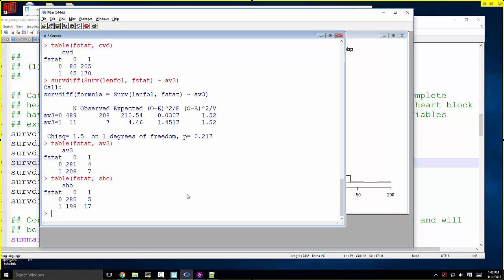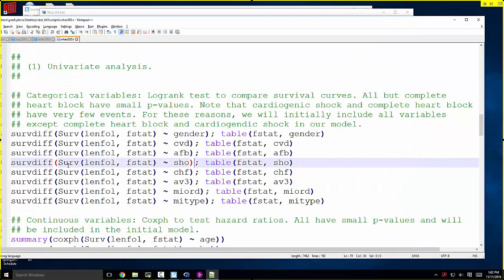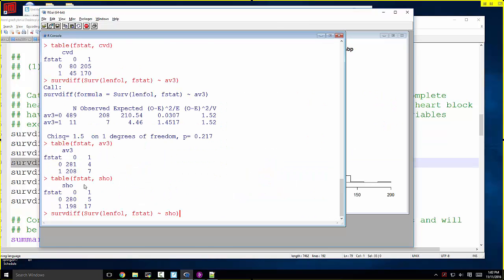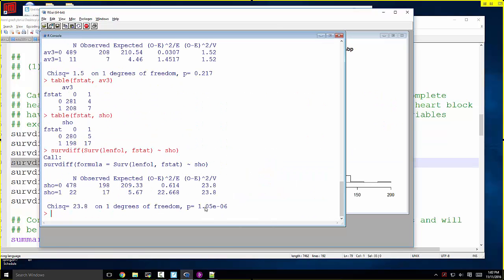How about the log rank test? What did it look like for this variable? So it had a very small p-value, but it has pretty small numbers of events, or at least pretty small numbers of SHO equal 1.